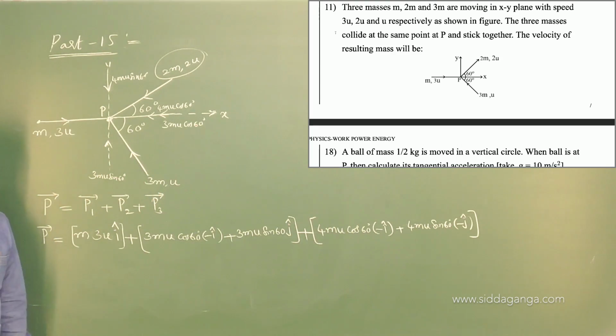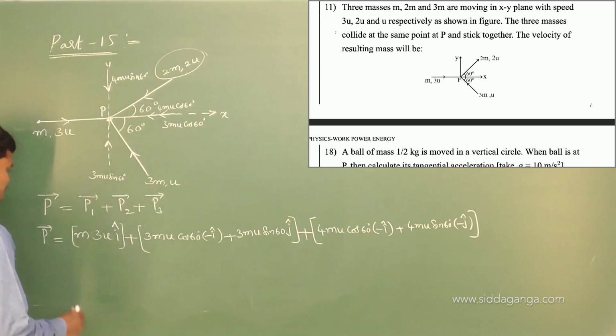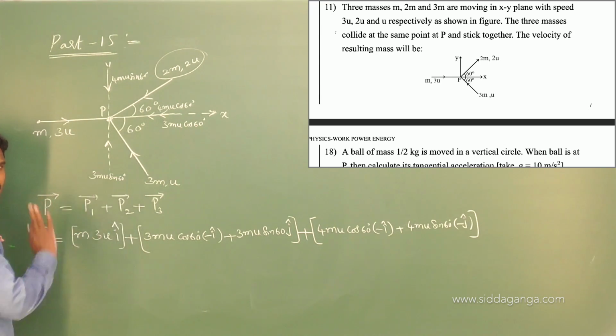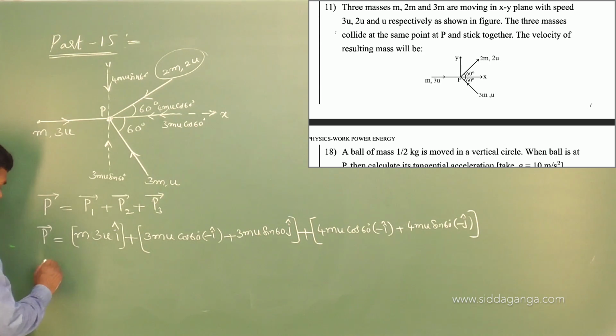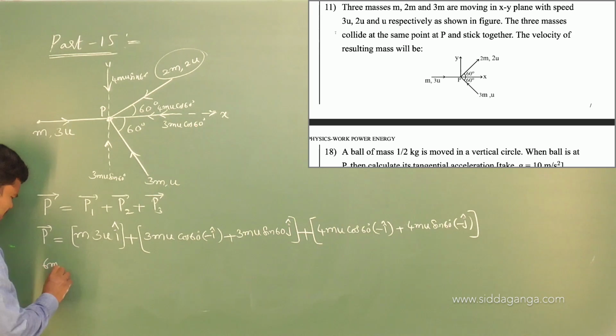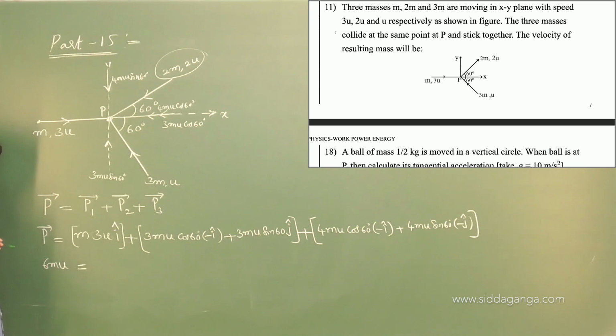Okay, now you add it based on vector rules. This P is the momentum of the resulting mass. What is the total mass? Total mass is 6m. So this is the resulting 6mu. The resulting mass times speed, because the target is to find v. The total mass of the particles is 6m, and the resultant velocity is, let us suppose, v.